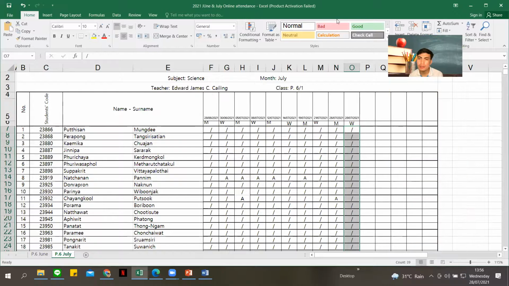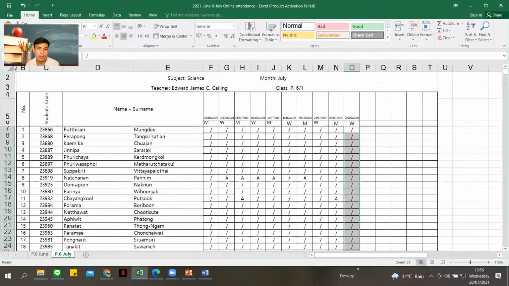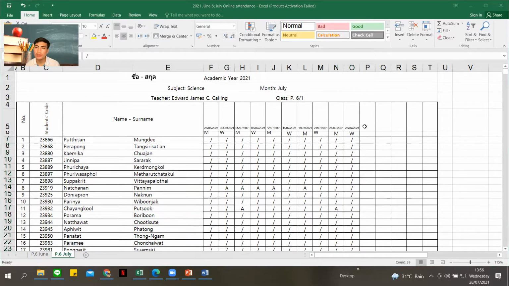You can see what I am seeing, right? So I will take a look here. Okay, 36 students. So I will start here. Number 1 is 1, 2, 3, 4, 5, 6, 7, 8, 9, 10, 11, 12, 13, 14, 15, 16.